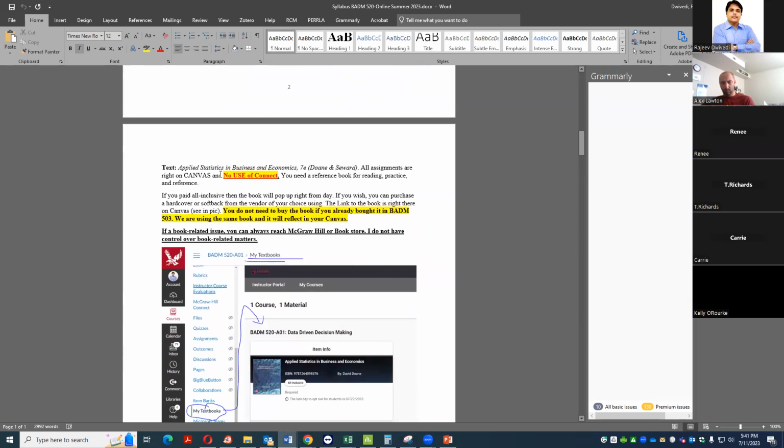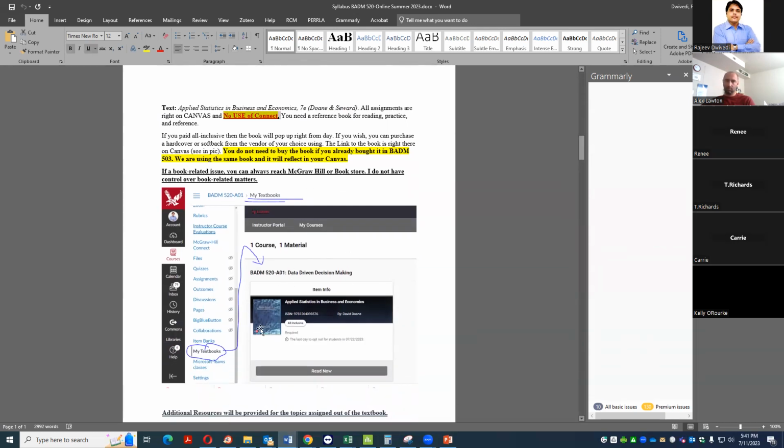We are only using the textbook. So I hope everyone has access to the book. You go in your course, my textbooks, and you can access the book right here. Those who have paid for the book during 503, they don't need to pay again. If you have paid a second time, please ask the bookstore to refund your money, because it happens, some are charged twice.